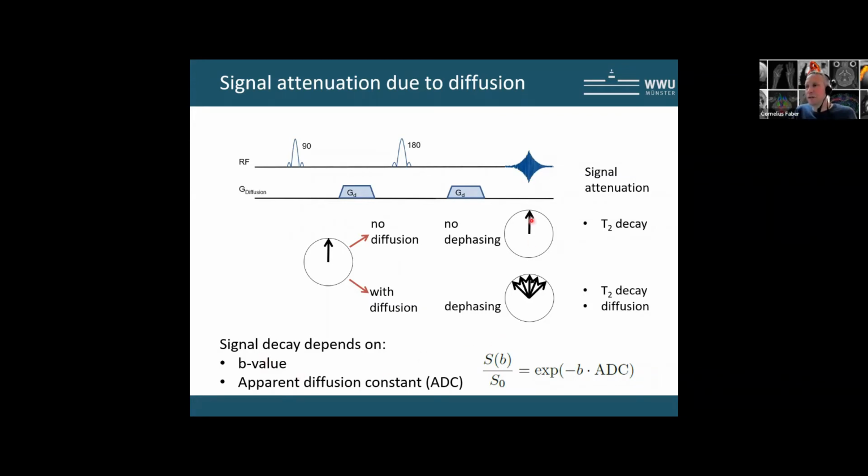Now, if we measure the amplitude of the signal here, then this signal amplitude will be attenuated depending on the B value. So the signal with this sequence will be basically the original signal S0 with a damping factor, the exponential of minus B times a diffusion constant. And this is not the physical diffusion coefficient.